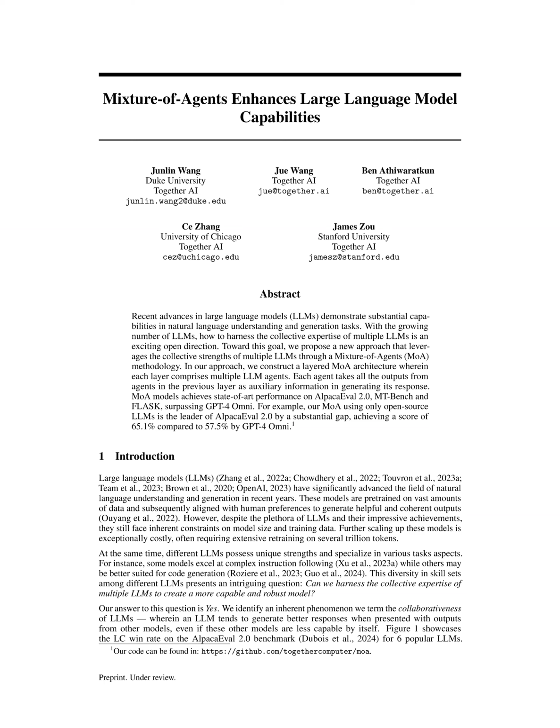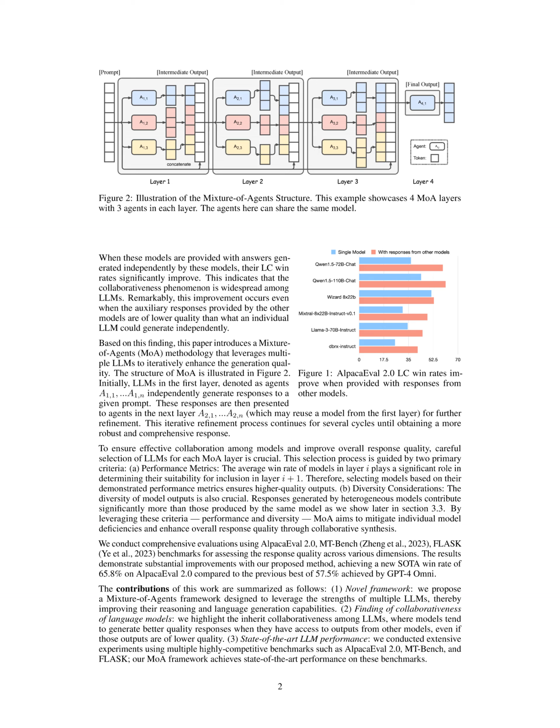The method is designed to improve reasoning and language generation capabilities by utilizing the strengths of multiple LLMs in a structured and iterative manner. Ultimately, MOA aims to achieve state-of-the-art performance on various benchmarks, showcasing significant improvements in response quality compared to individual LLMs.